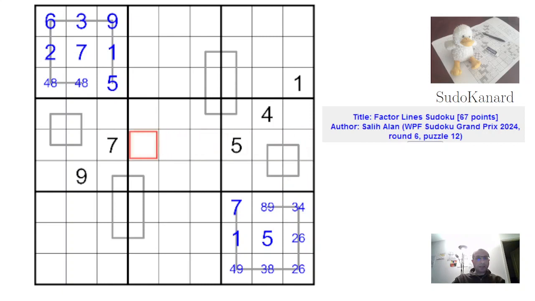I'm thinking that the location of 7 in this box should be interesting. So where could 7 be? 7 can't be on that square because it would need to have 2 neighbors, and 7 can only have 1 neighbor, so 7 is here.